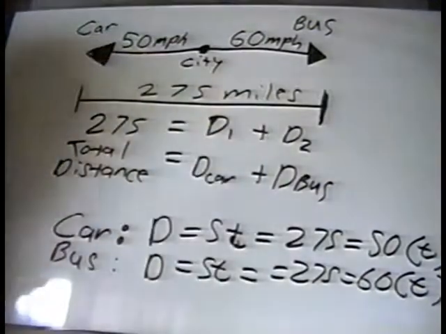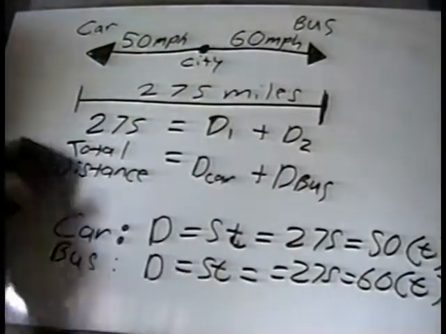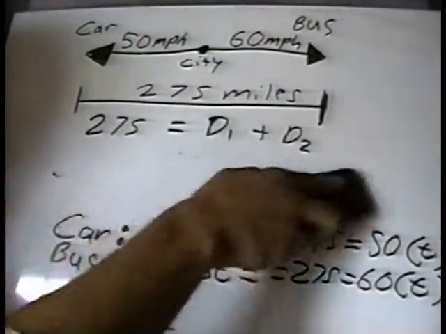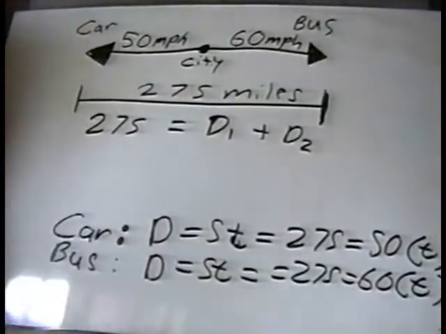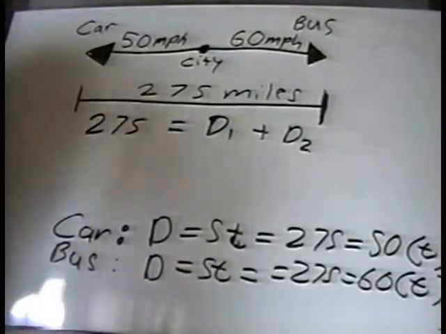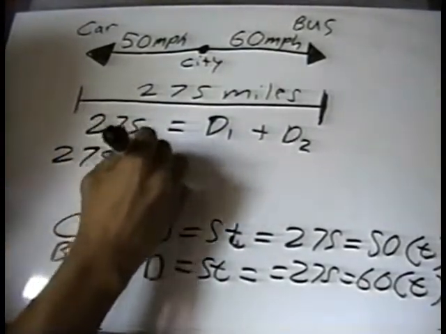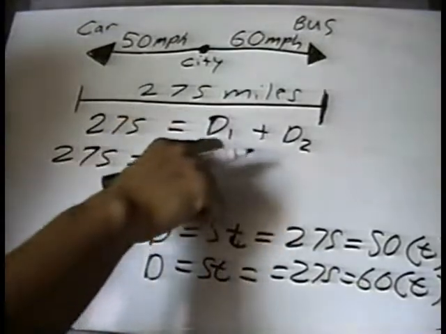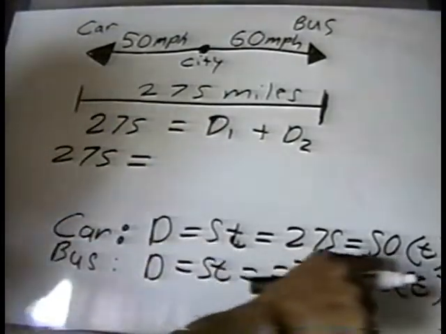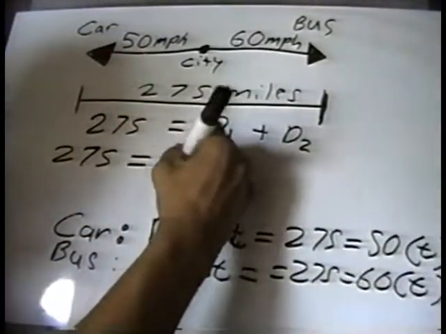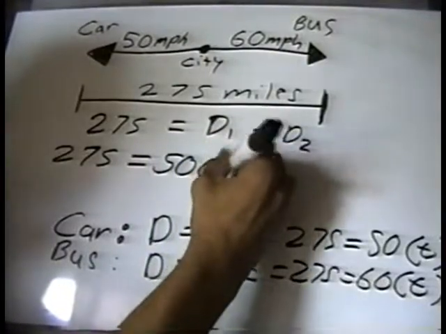Total distance equals the distance made by the car and the distance made by the bus, which we wouldn't know because we're not given a time by which to calculate our speed to find the distance. But we know that at a certain point, they're going to be 275 miles apart. Okay?